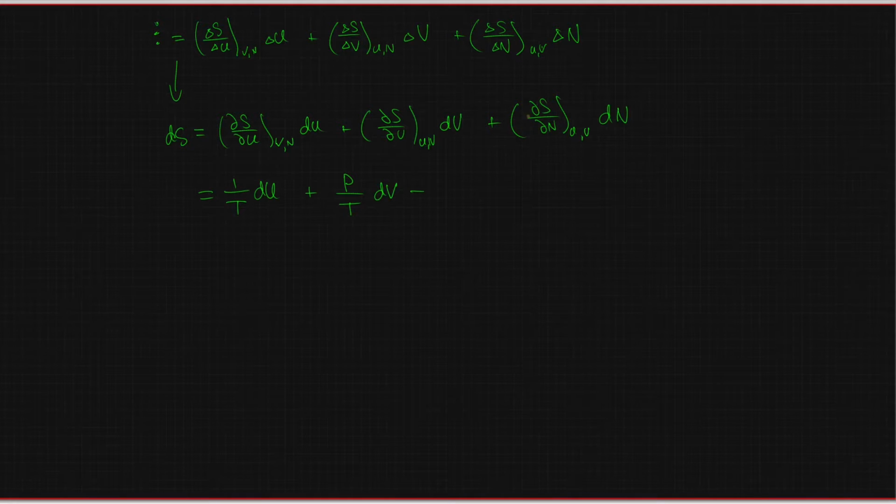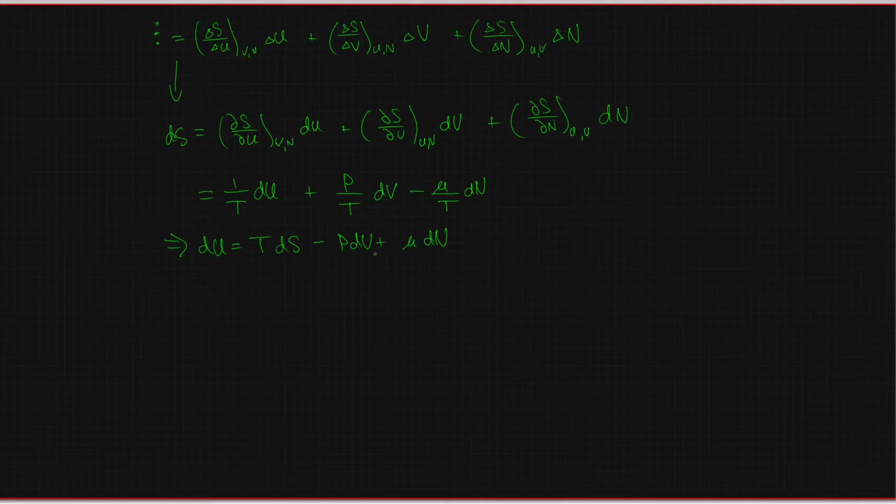And this right here is just minus the chemical potential over T, dN. And now if we do a little bit further rearranging, we can get this into the form of the full thermodynamic identity, which is just dU equals TdS minus PdV plus mu dN.